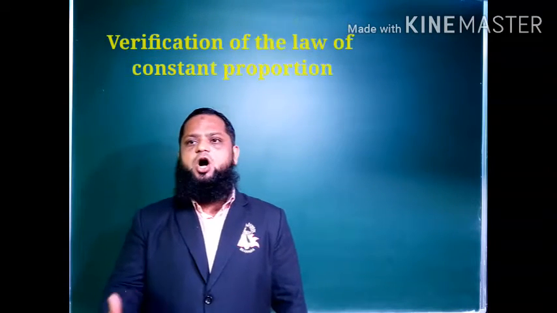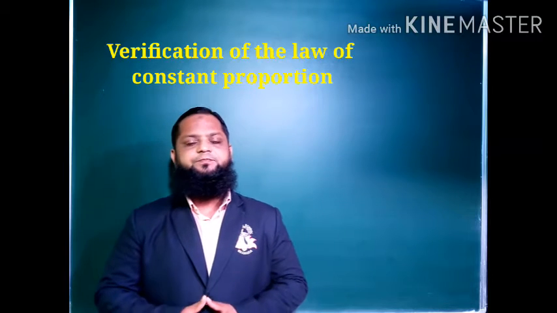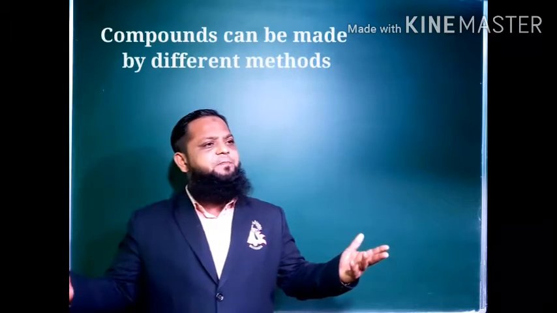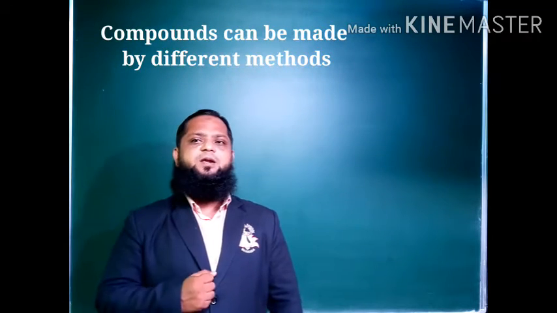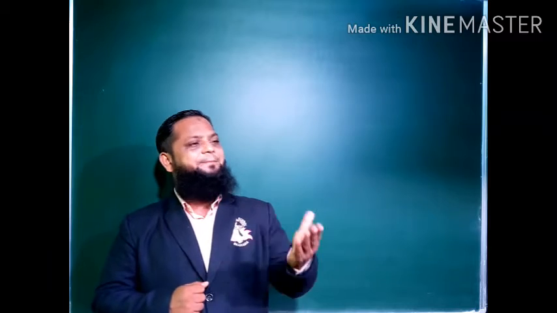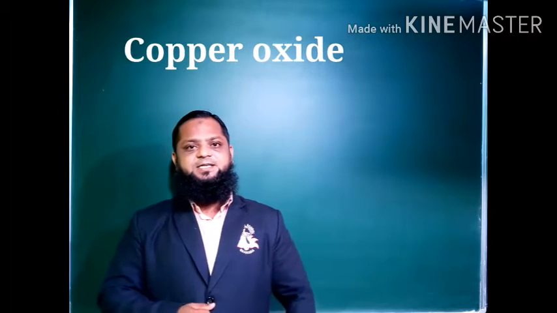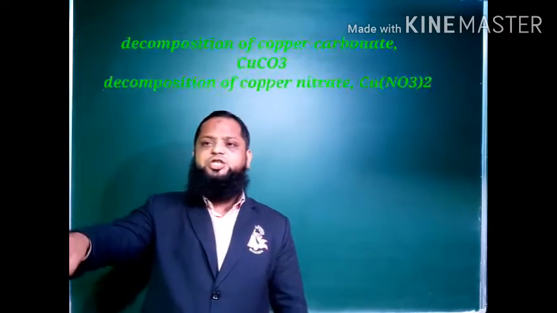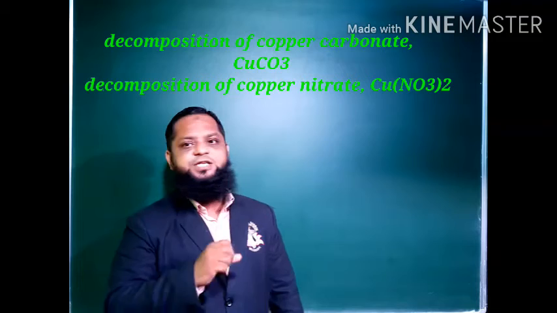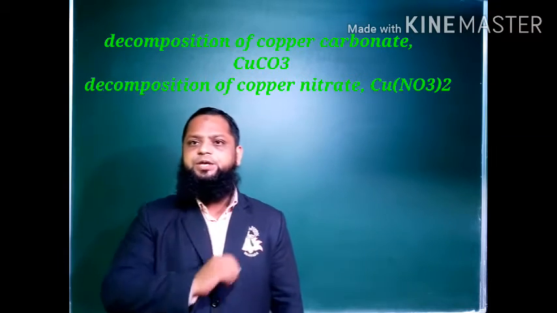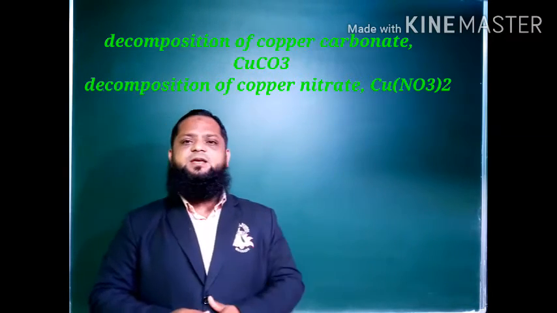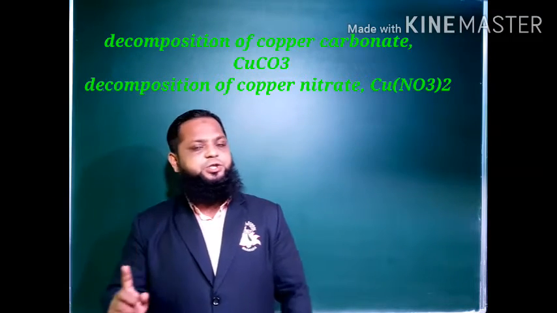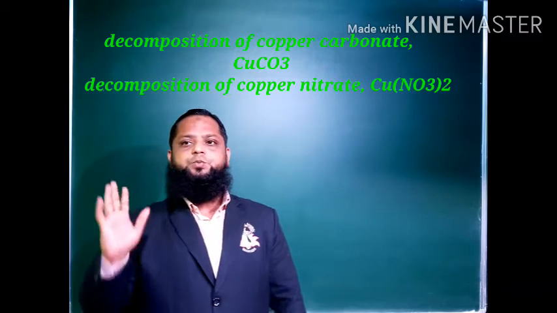Verification of the law of constant proportion. Many compounds can be made by different methods. For example, two samples of the compound copper oxide, CuO, were obtained, one by the decomposition of copper carbonate, CuCO3, and another by the decomposition of copper nitrate, Cu(NO3)2.